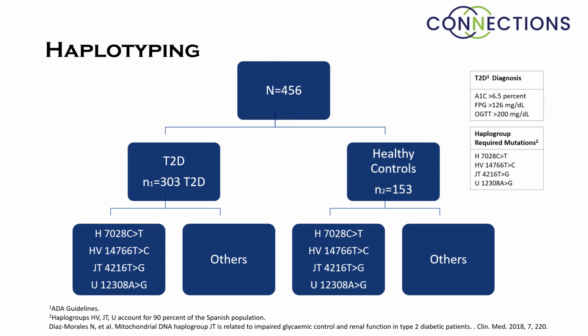About 2/3 of them were the patients with type 2 diabetes, and about 1/3 of them were the healthy controls. All of them had corresponding affiliations to groups H, HB, GT, U, and others.